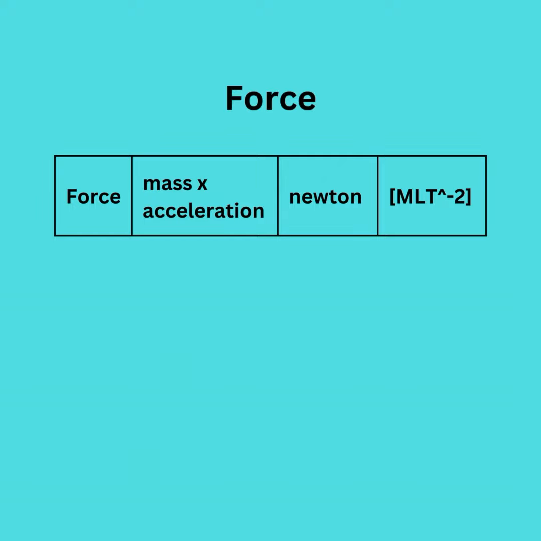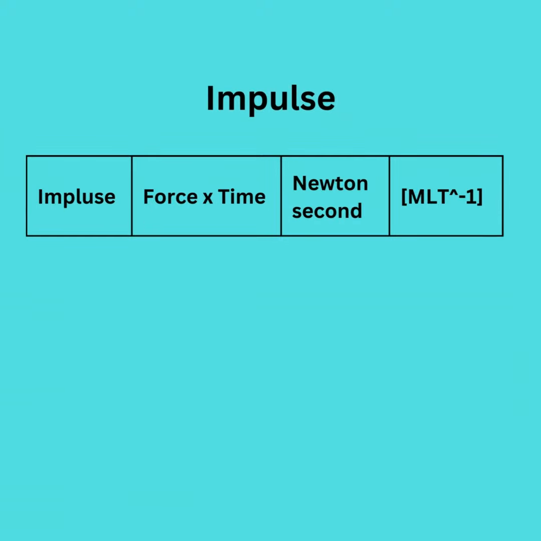Very good. Then the last thing for today's class is impulse. Anybody knows the formula of impulse? Impulse is force into time. What is the dimension we got for force? M L T to the power of minus 2. So finally the impulse dimensions are M L T to the power of minus 2 into T, which equals M L T to the power of minus 1.